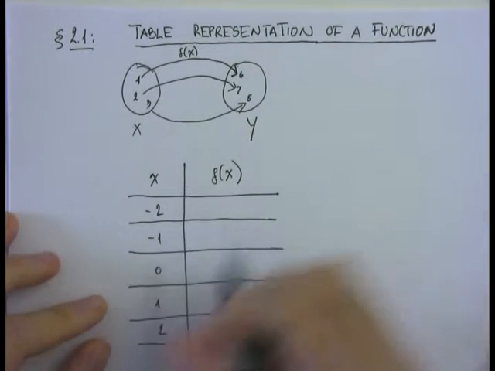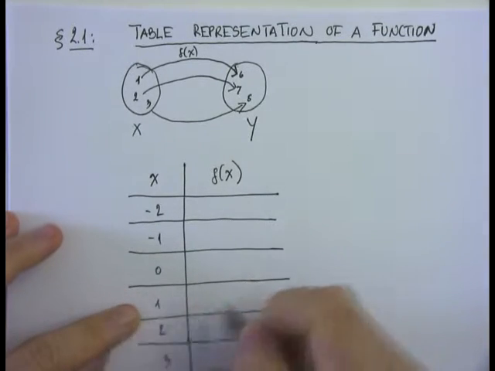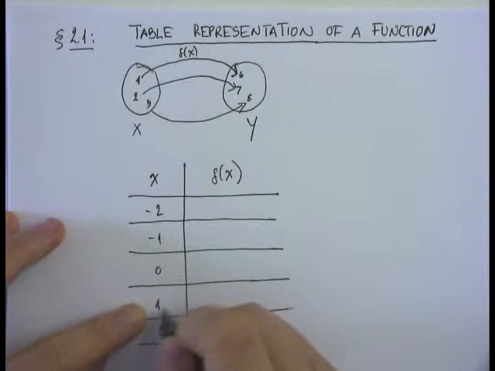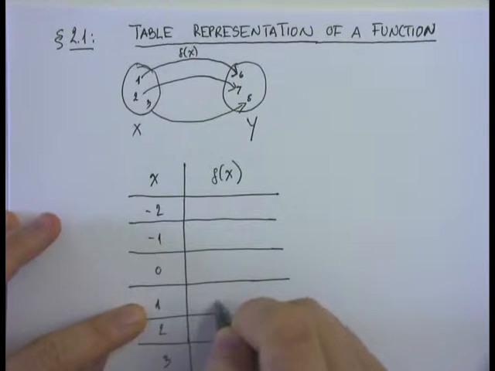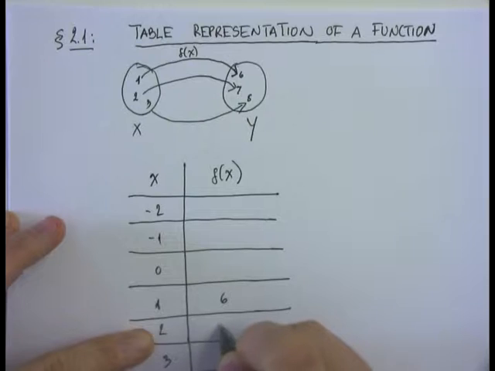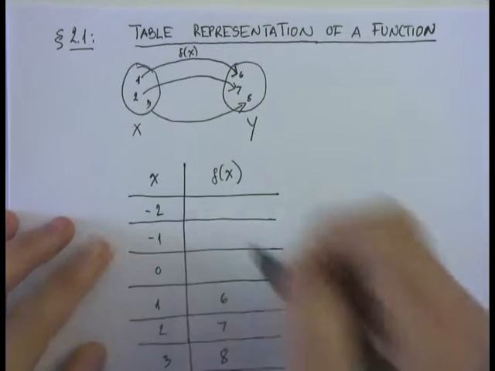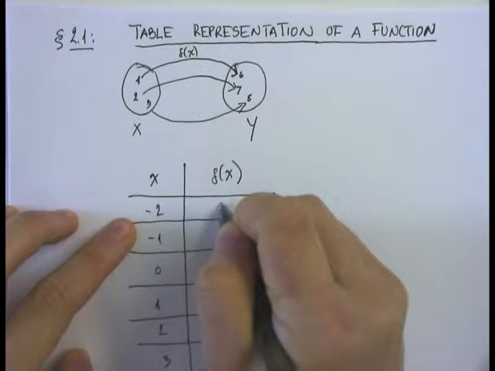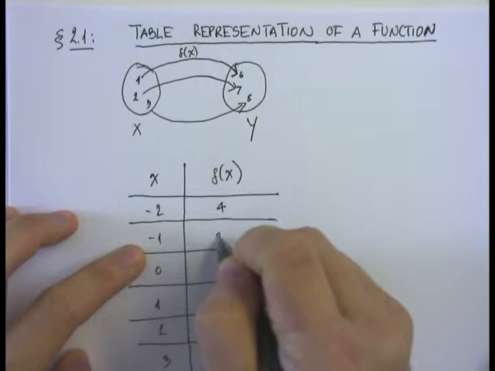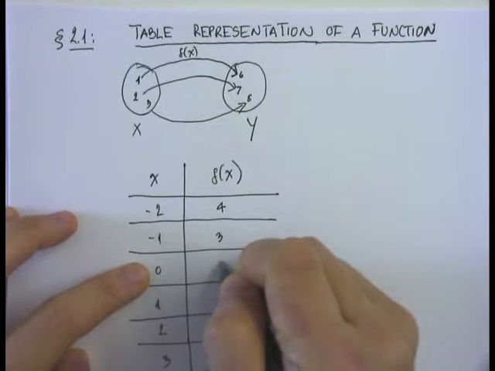I don't have to know how, but my function maps 1 to 6, 2 to 7, 3 to 8, -2 to 4, -1 to 3, and 0 to 2.